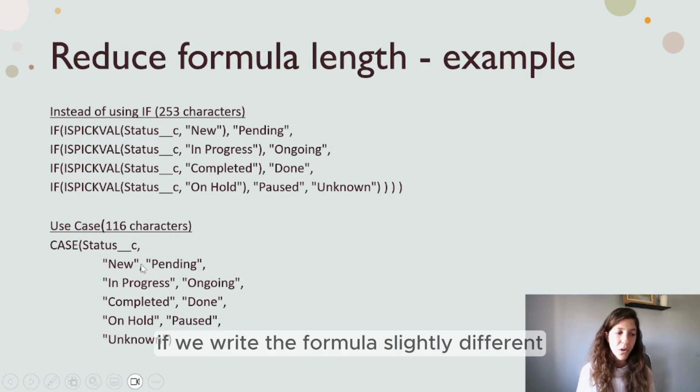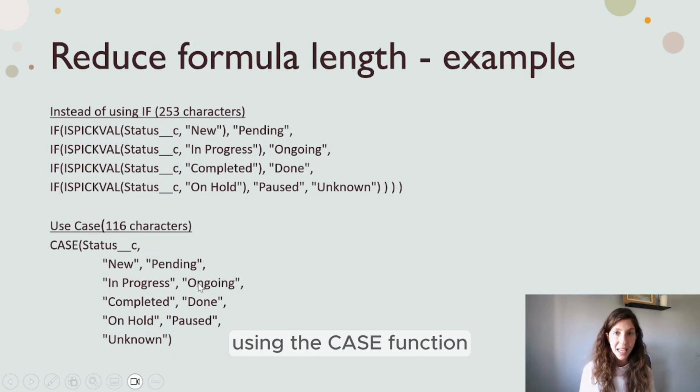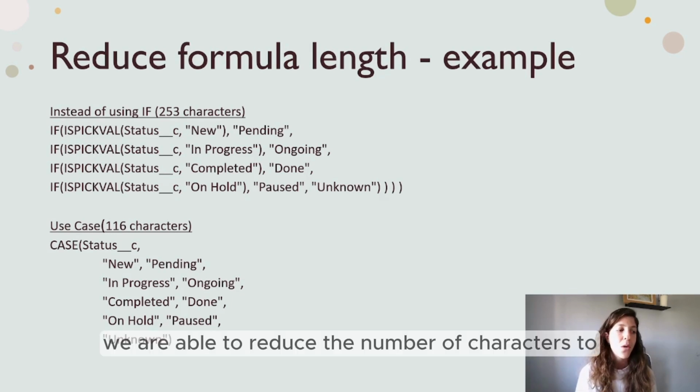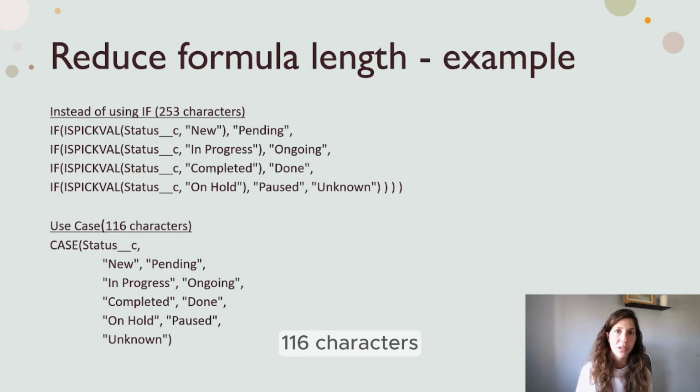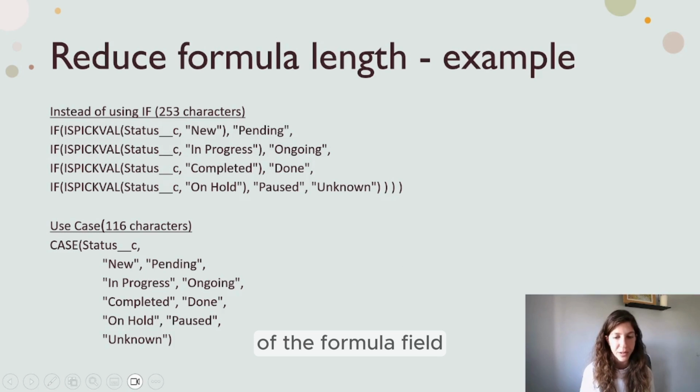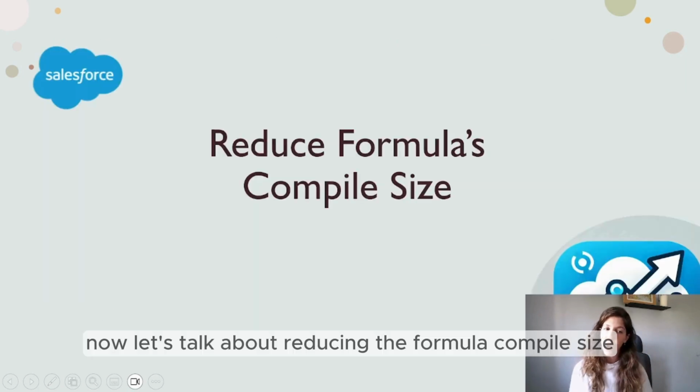If we write the formula slightly differently, using the CASE function instead of using the IF function many times, we are able to reduce the number of characters to 116 characters. So that's an example of how we reduce the length of the formula field. Now let's talk about reducing the formula compile size.